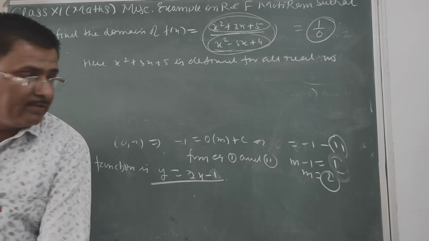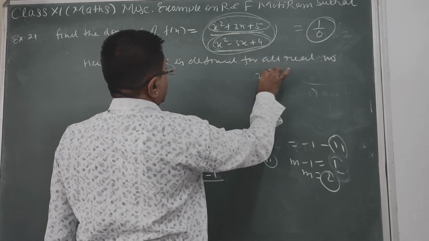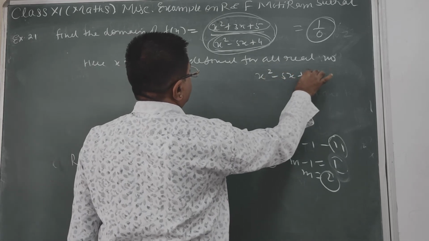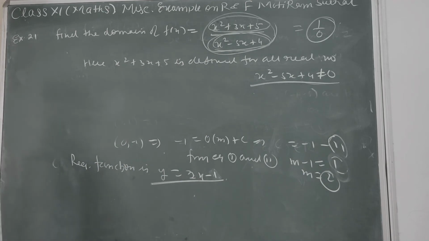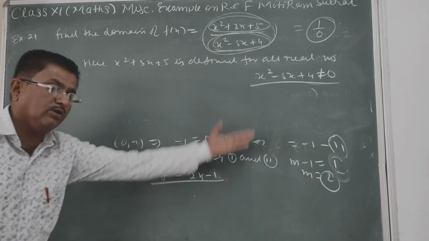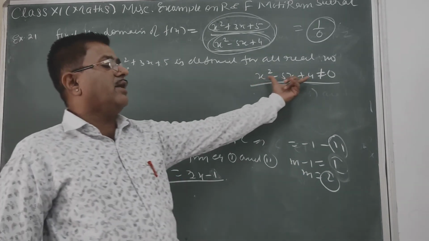That's why this should not be 0. We can say x square minus 5x plus 4 is not equal to 0 for defining the function. Function को define या exist होने के लिए इसकी वैल्यू 0 नहीं होनी चाहिए. तो इसकी वैल्यू 0 कहाँ होगी?